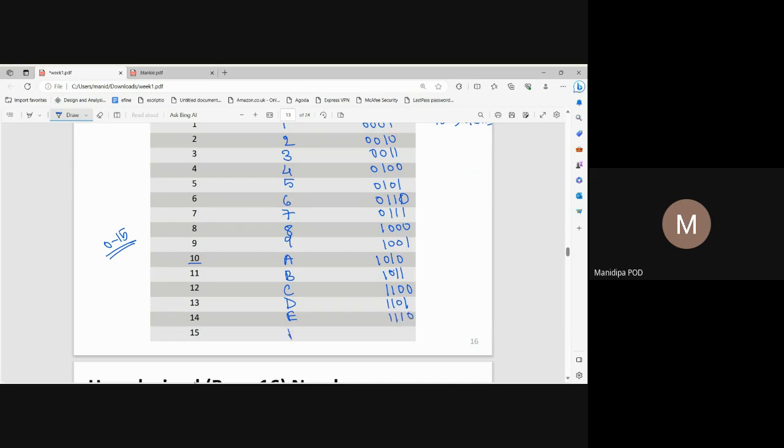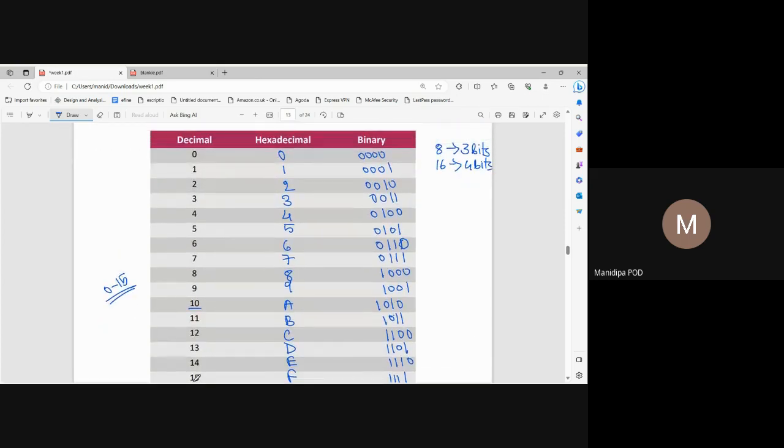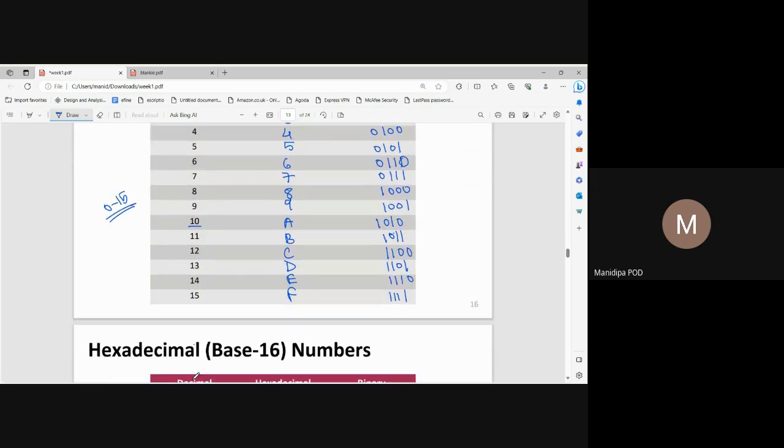And 15, finally, I will write it as F. So that is 1111 in binary. This is how you represent the decimal numbers in hexadecimal as well as binary. So anything after 10, you represent it with alphabets.